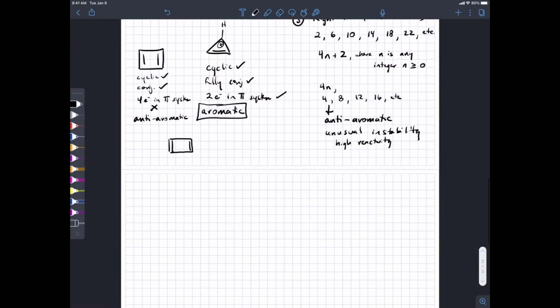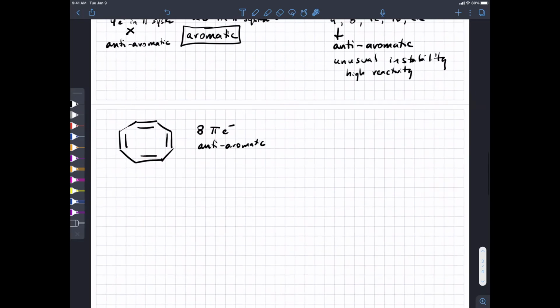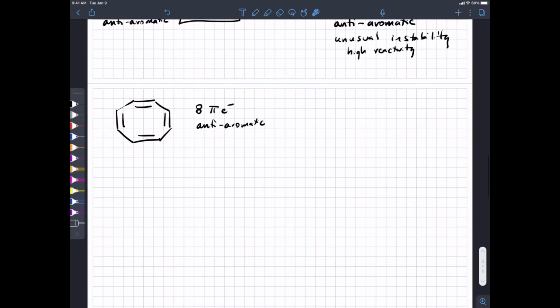Another example of a molecule that does this is called cyclooctatetraene. It's the stop sign molecule that's fully conjugated, but it has 8 electrons in the pi system. So it would be anti-aromatic because it's cyclic and fully conjugated. It just has the wrong number of pi electrons. And this molecule in practice actually distorts itself from planarity to avoid being anti-aromatic.